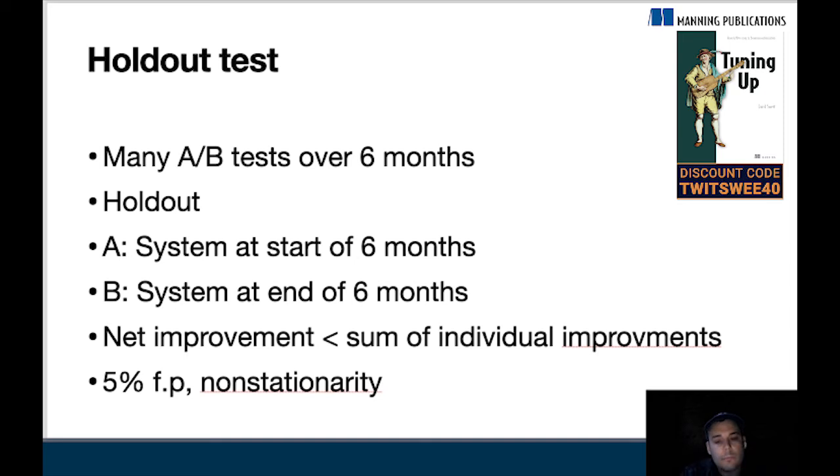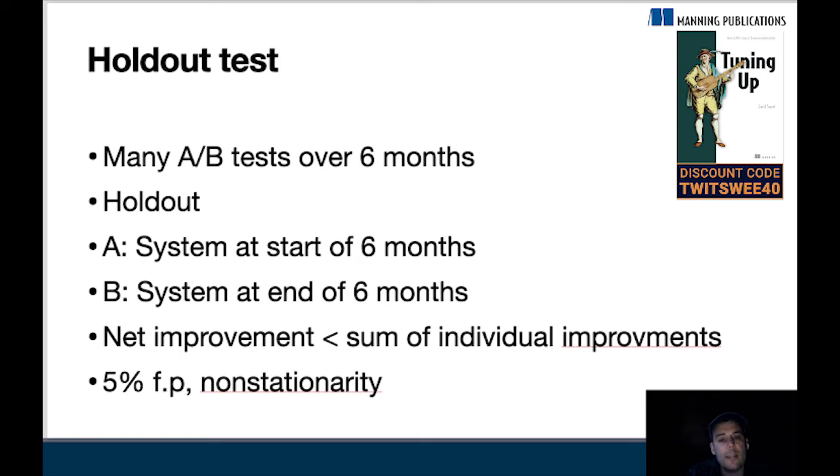Now, the problem people run into is they'll improve the quality of their system multiple times through multiple A/B tests over some time period, let's say 6 months. The problem is the total improvement at the end of the 6 months doesn't add up to the sum of the individual improvements.